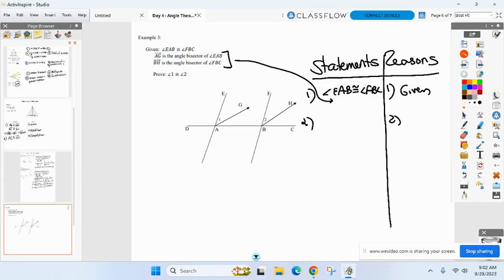Now that's how you end the proof. That should be why 1 and 2 are equal. Why are you taking half? Because it said bisect, so definition of bisect.